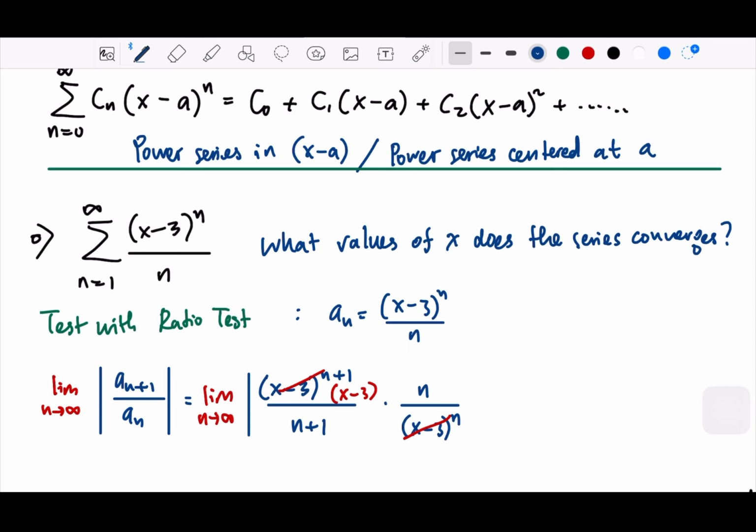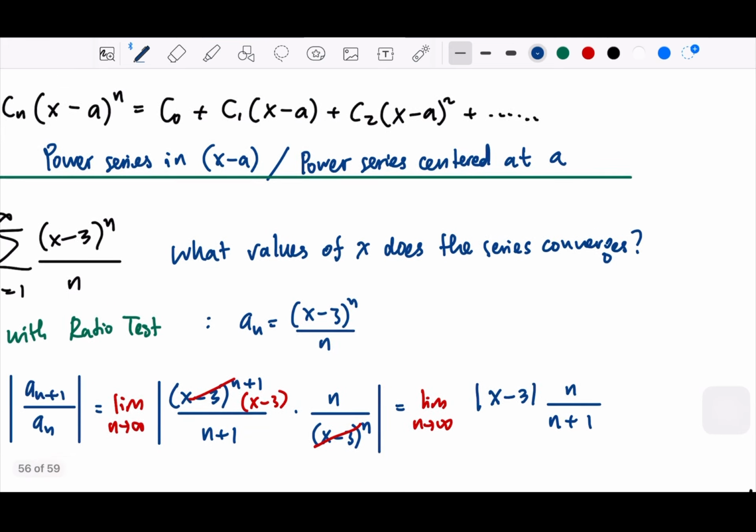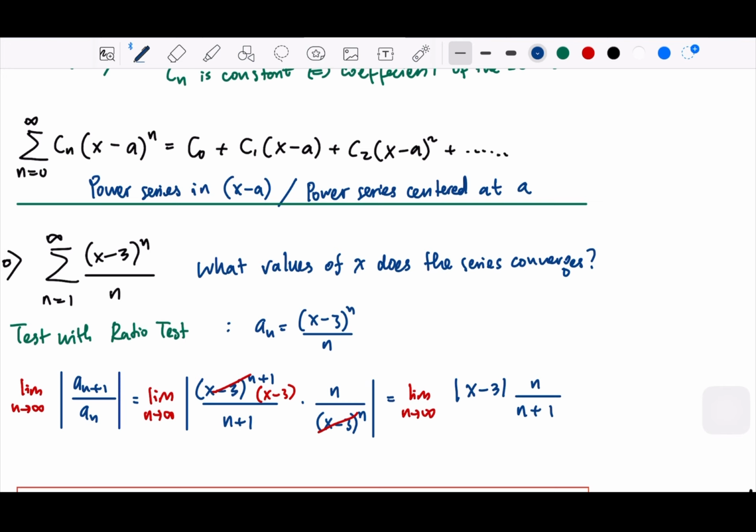You can see that we now have the x minus 3, and then we have n over n plus 1, right? We can focus the limit on n, right?